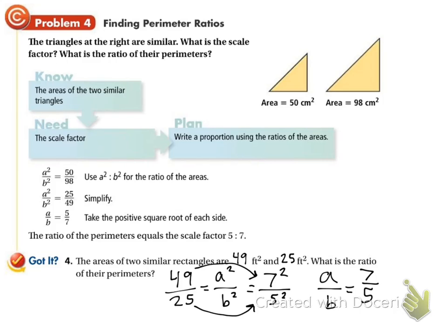Sometimes you're given two areas. Let's say 32 inches squared and 18 inches squared. So 32 over 18. Well, neither of those are perfect squares, but if I divide them by 2, we get 16 over 9.